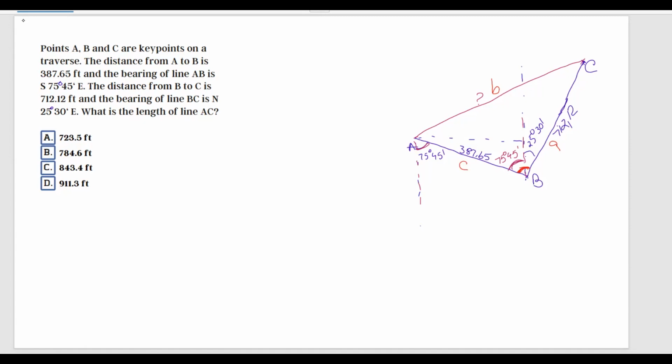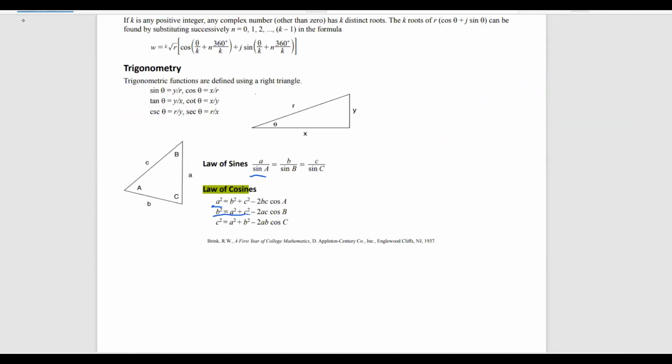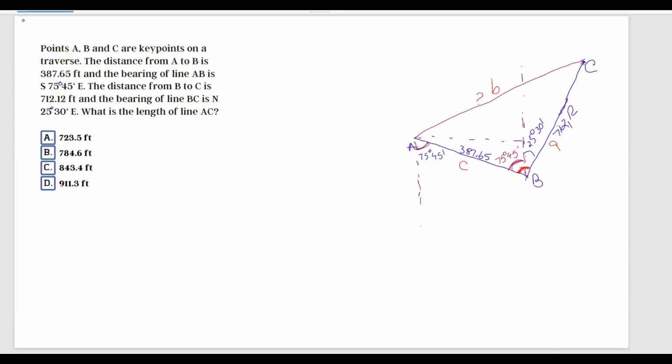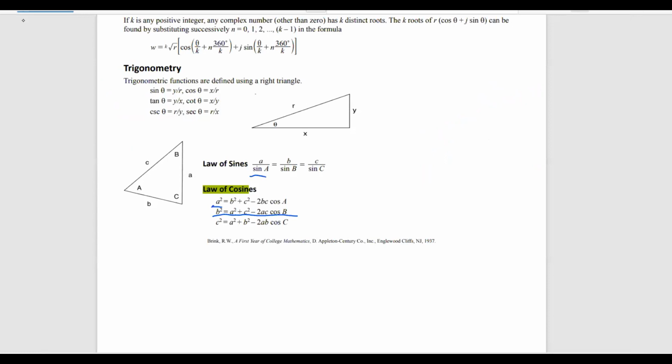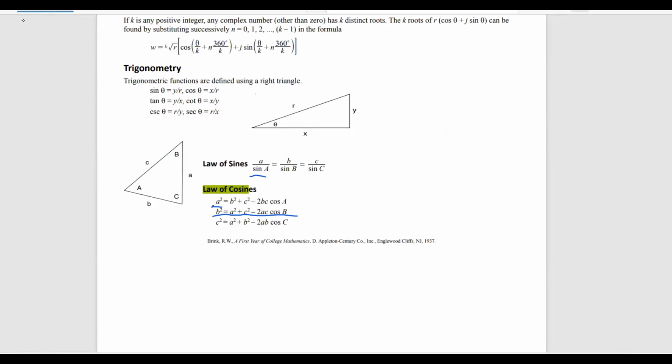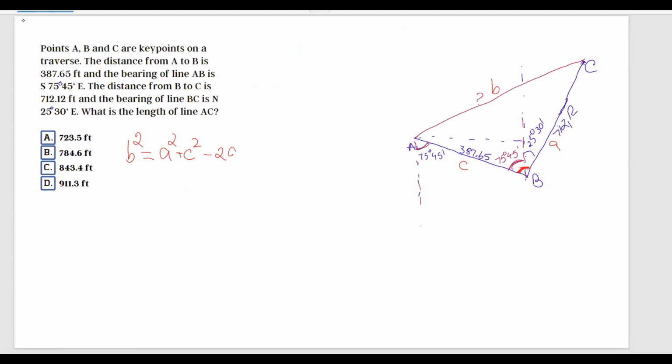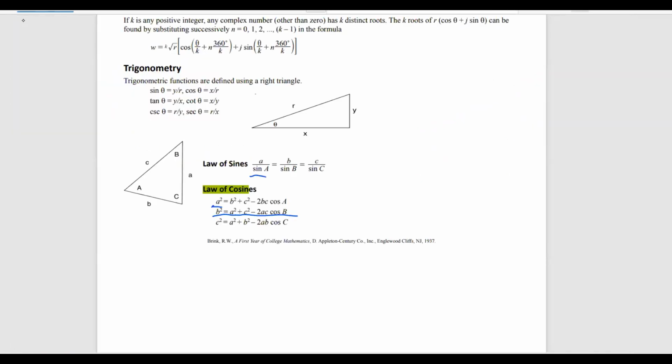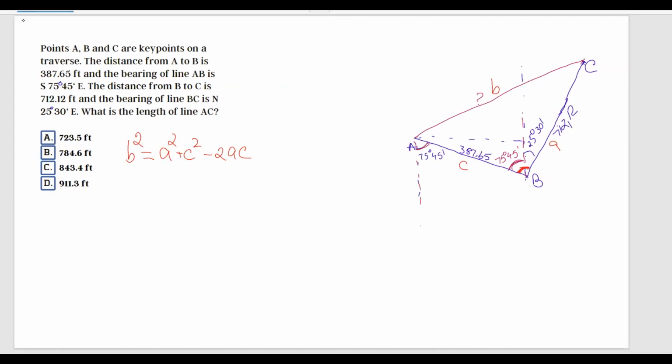In my case, I have to calculate B. So B squared equals A squared plus C squared minus 2AC cosine of B.